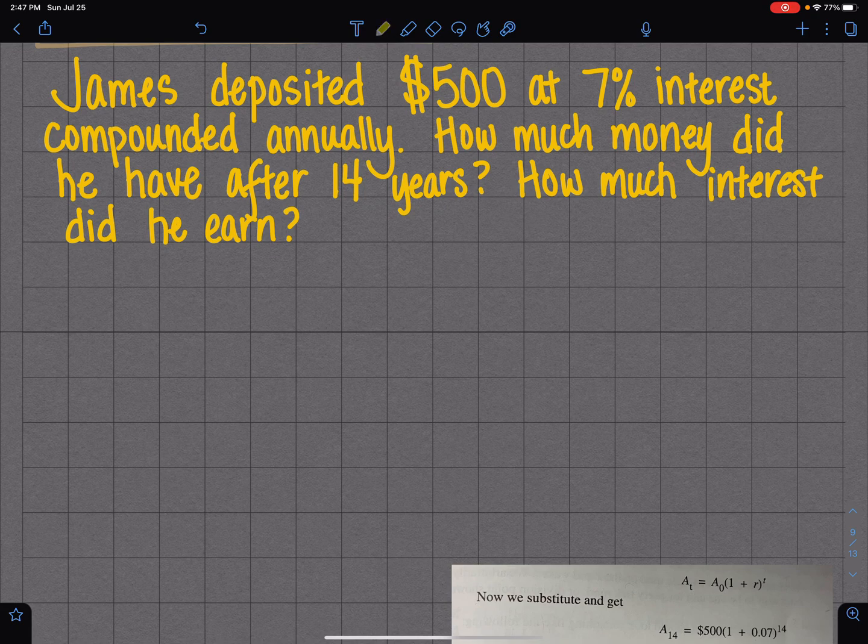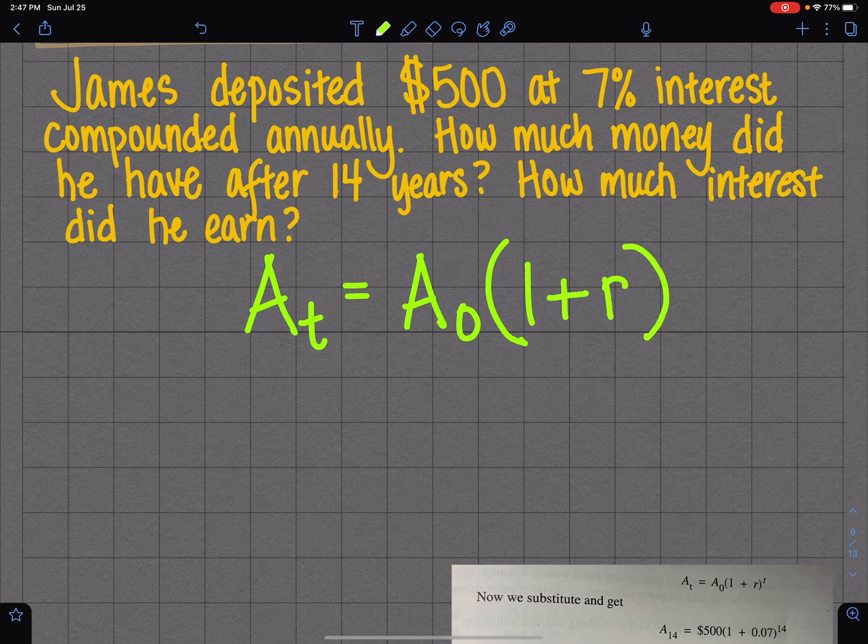Okay, so let's write the basic equation. Your amount after time t is going to be your original amount times your growth multiplier. Now, when we're talking about interest rates, the y, or your growth multiplier, is going to be 1 plus the interest rate, raised to the exponent of t.